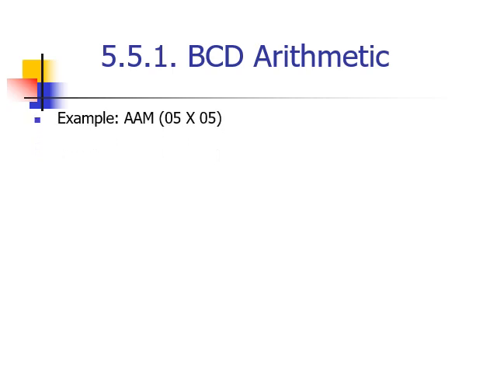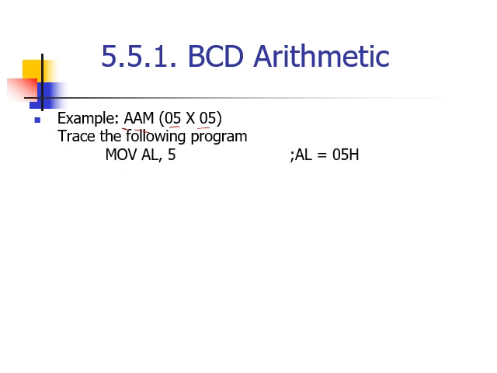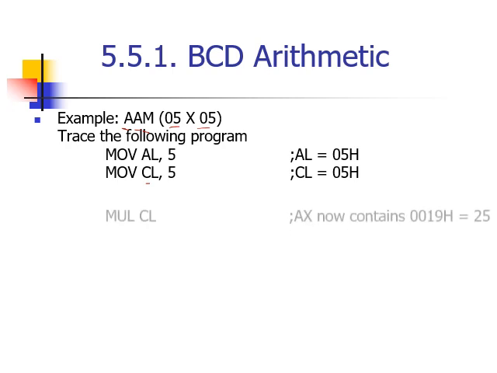This is adjust AL after multiplication. We're trying to multiply these binary coded decimal numbers 05 by 05. Place your multiplicand in AL. Then place your multiplier in CL.